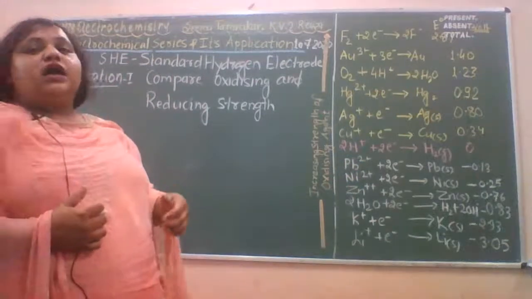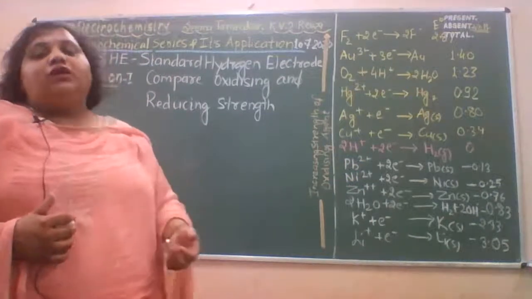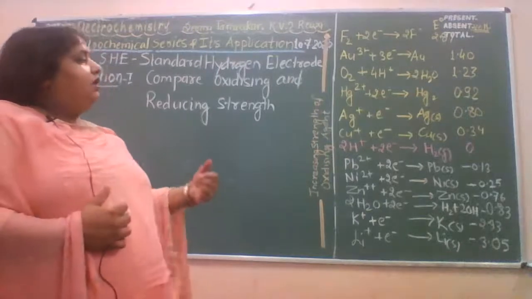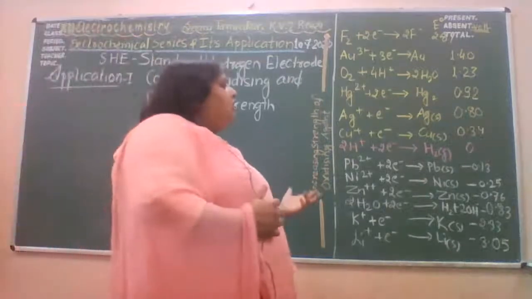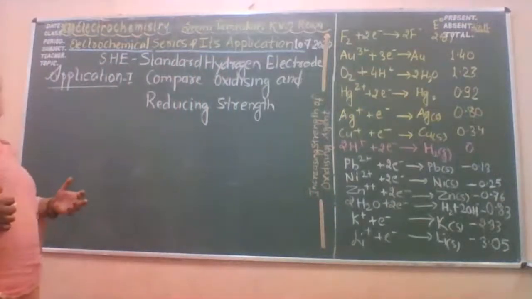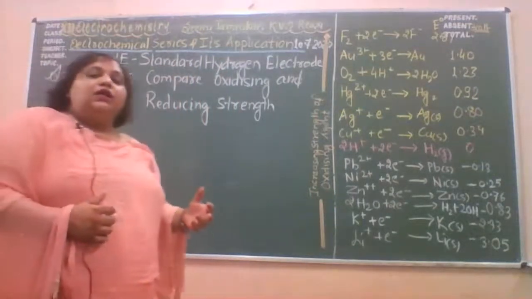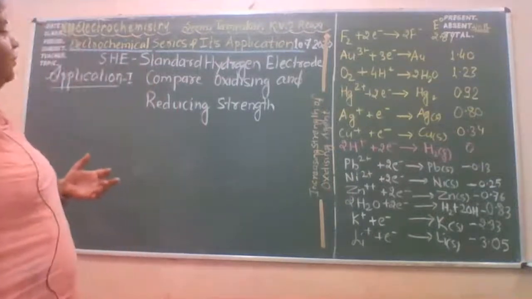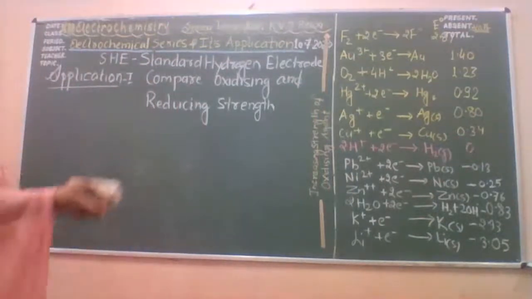Since it has industrial value, that's why this is a very important concept. So this is the first application of the electrochemical series. Now I am coming to the second application.